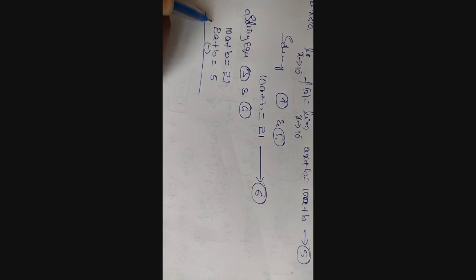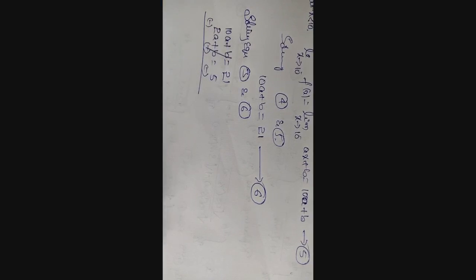Changing the sign, minus, the b minus b get cancelled. 8a is equal to 21 minus 5, the difference is 16. Then a is equal to 2.